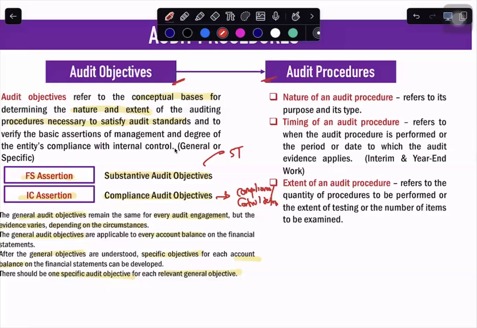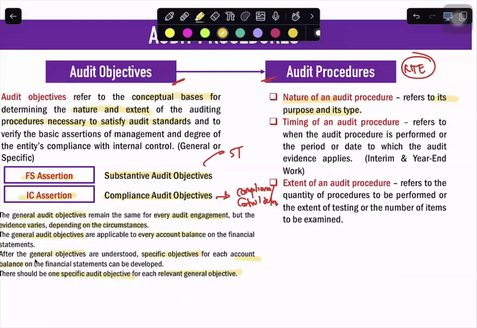Now, whenever we talk about audit procedure, you always hear the term nature, timing, and extent. What do we mean by nature, timing, and extent? First, nature of audit procedure. It refers to the purpose and the type of the audit procedure.